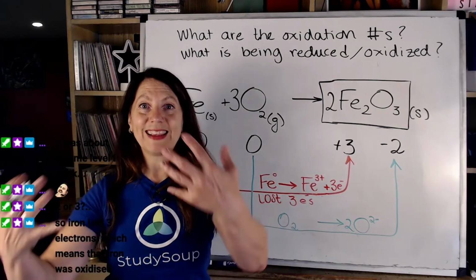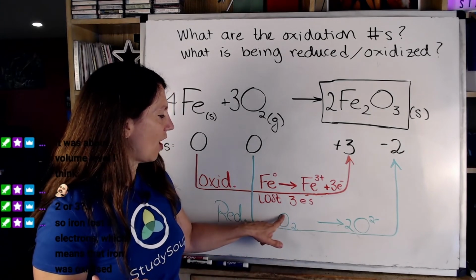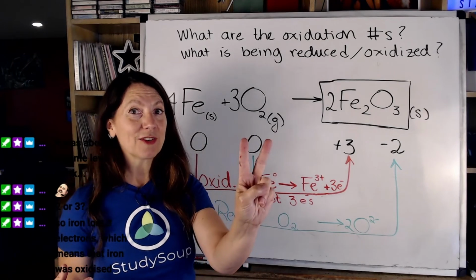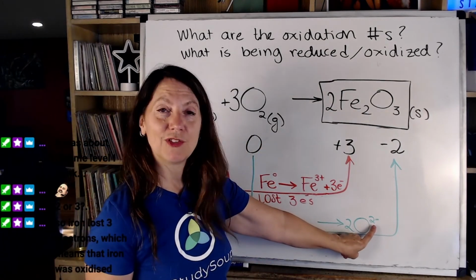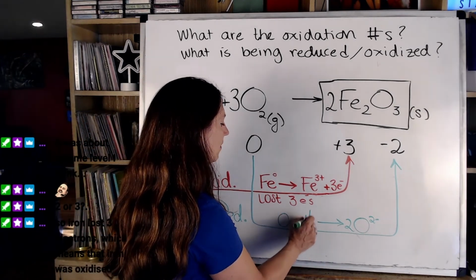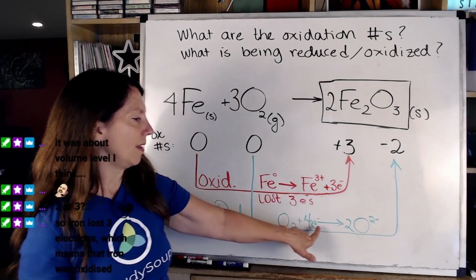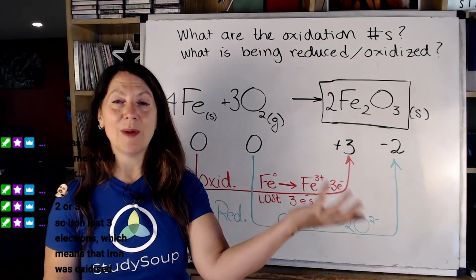And so therefore it's gaining electrons. And each of these oxygen atoms gains 2 electrons, right? Because we end up with a -2. And there's 2 of them. So this O2 gains 4 electrons to become oxide, oxygen -2.